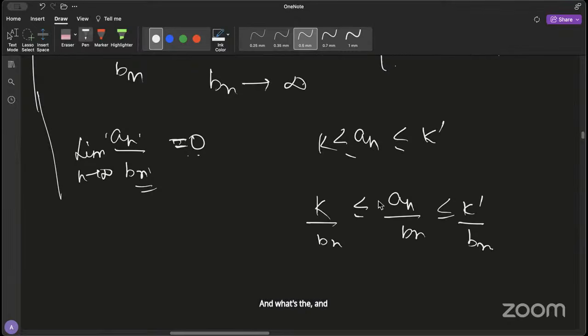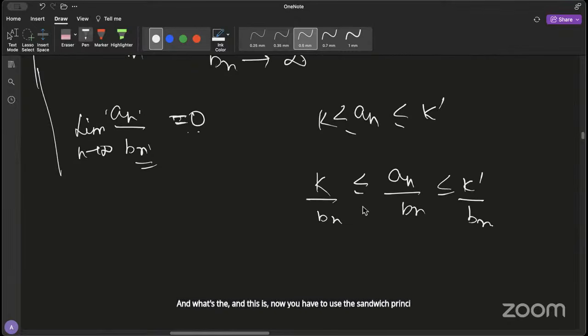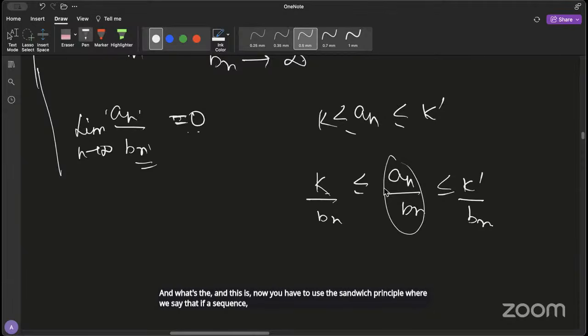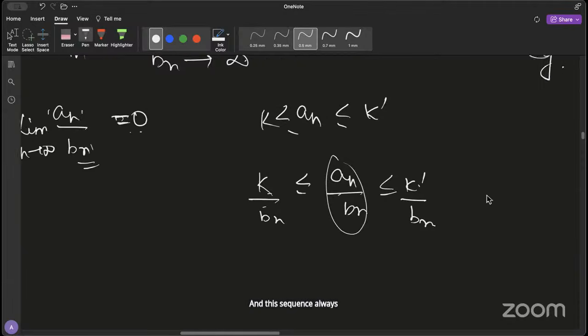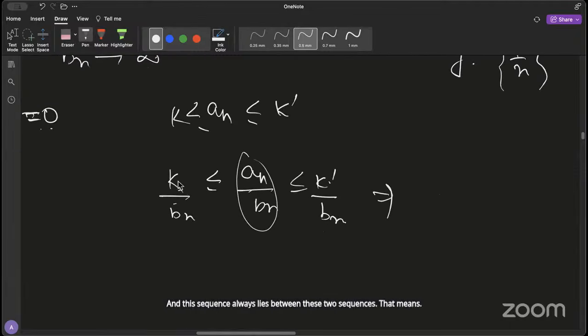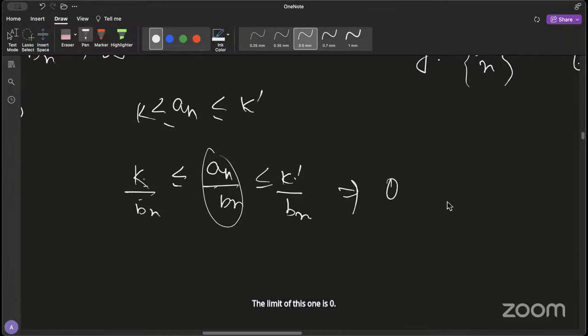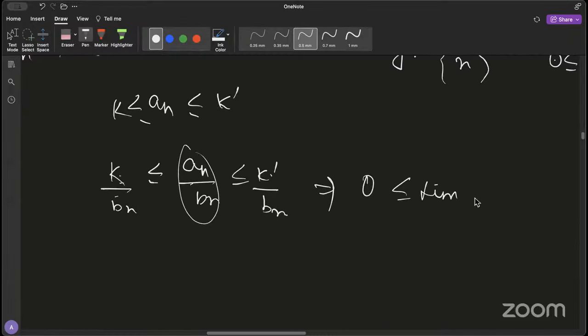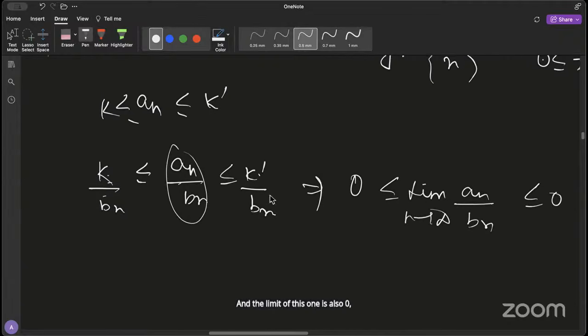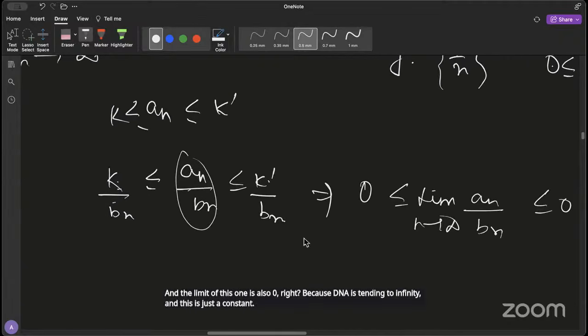Now you have to use the sandwich principle, where we say that if a sequence, this is one sequence, these are two different sequences, and this sequence always lies between these two sequences, then we can take limits. What is the limit of this one? The limit of this one is 0. And the limit of this one is also 0, right? Because Bn is tending to infinity and this is just a constant.